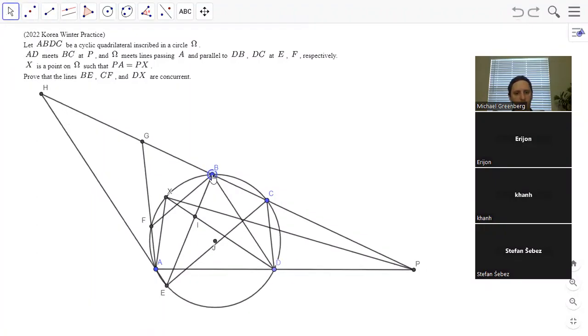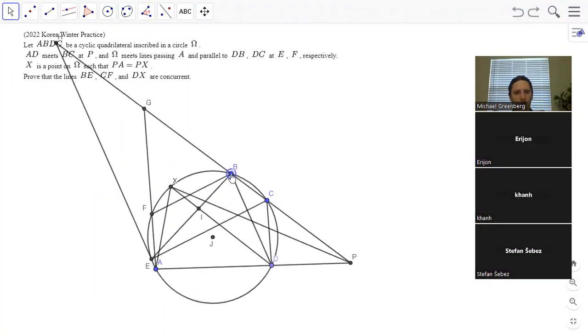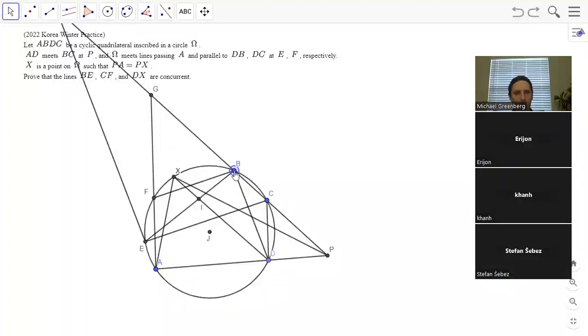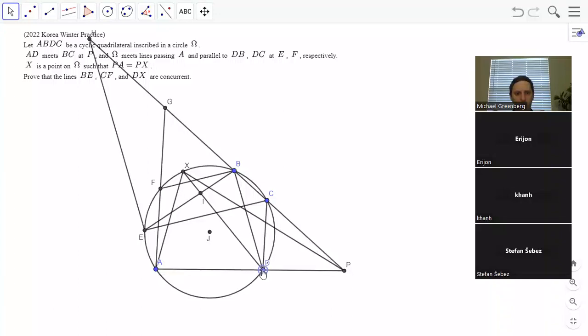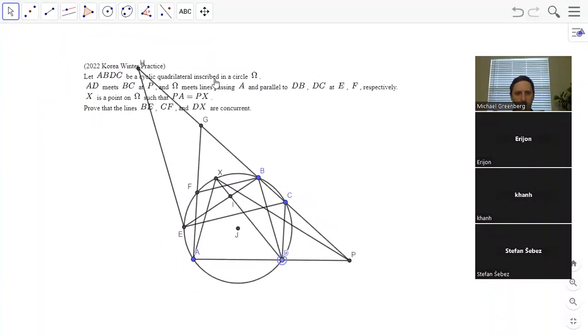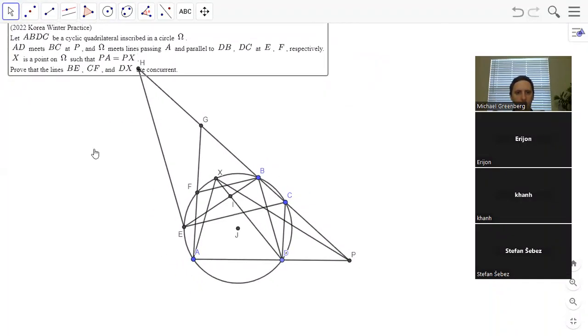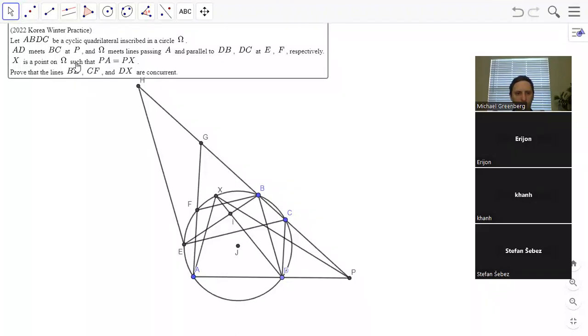I wonder if I can make E, so this way E and F are both on the same side of AD. That might look a little nicer. Of course, the problem could be either configuration, really. Yeah, and I don't really know if I need this point H. I'm just keeping it just for the heck of it.